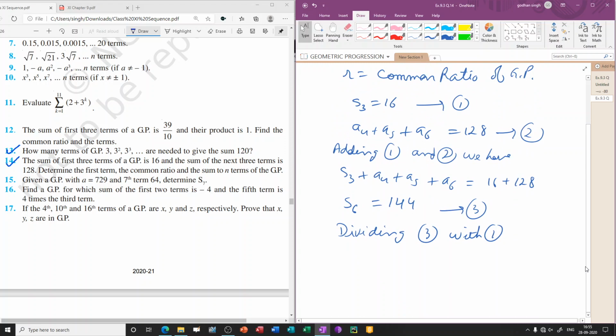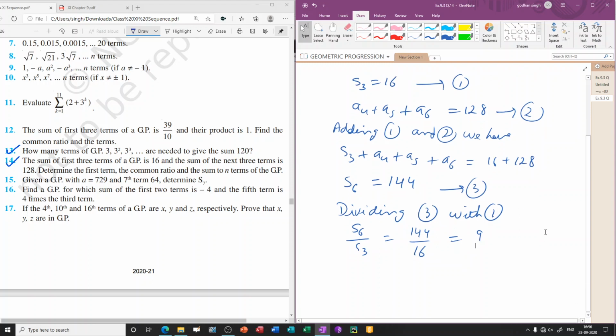So here we have our third one, S6 over S3, and that is equal to 144 over 16. And we know that if you multiply 16 with 9, what we get is 144. So this will be equal to 9.